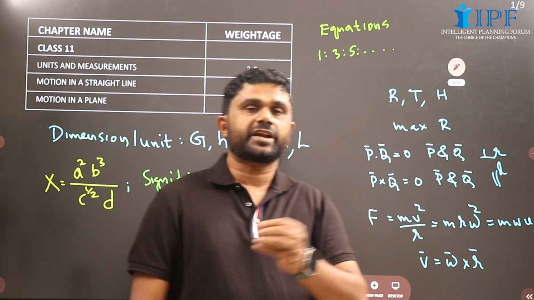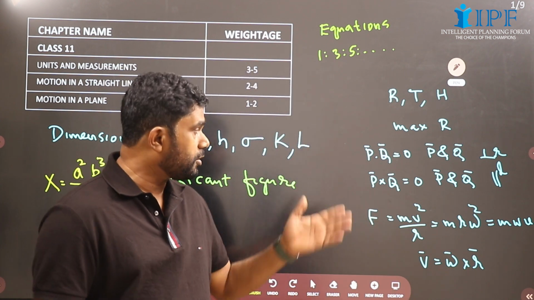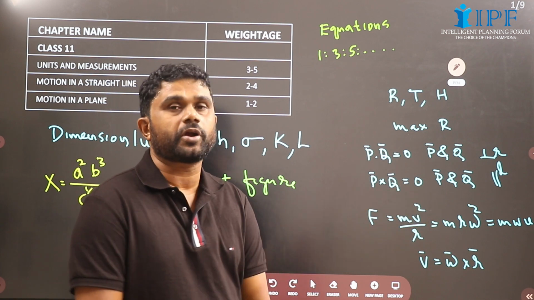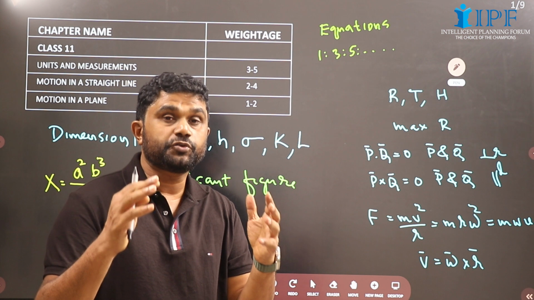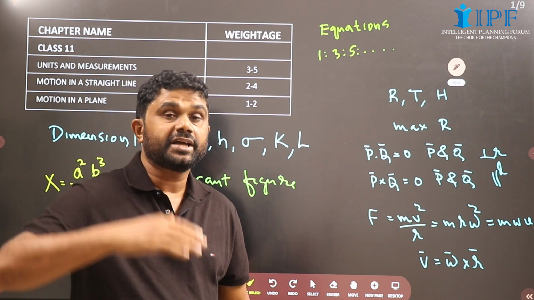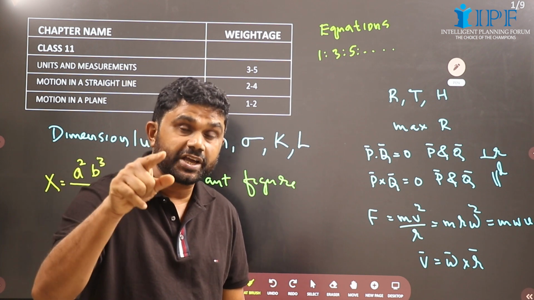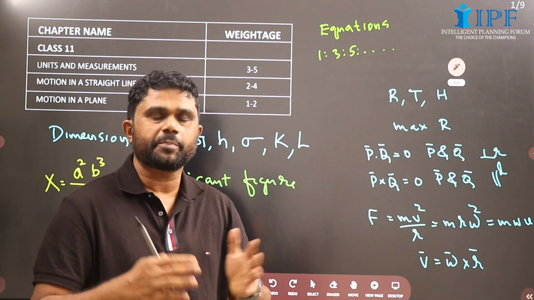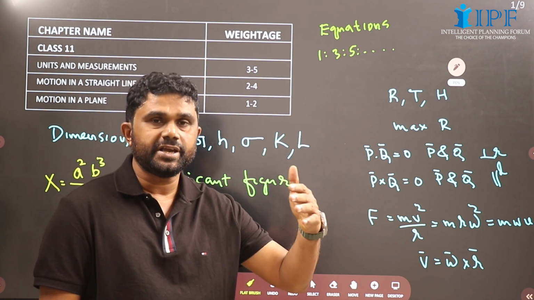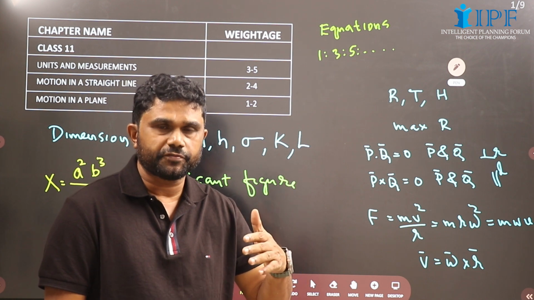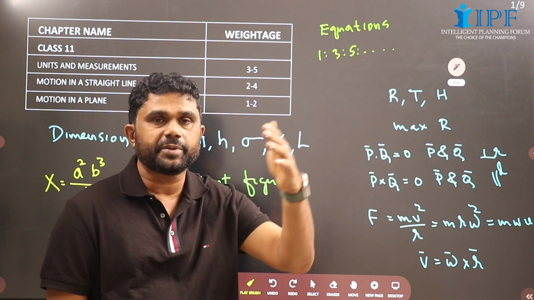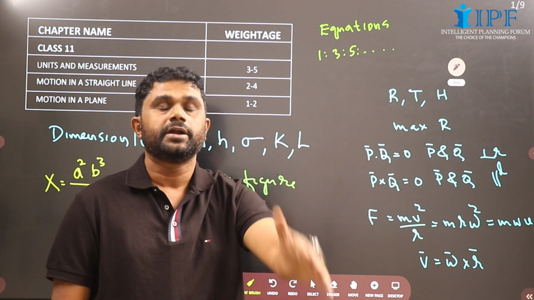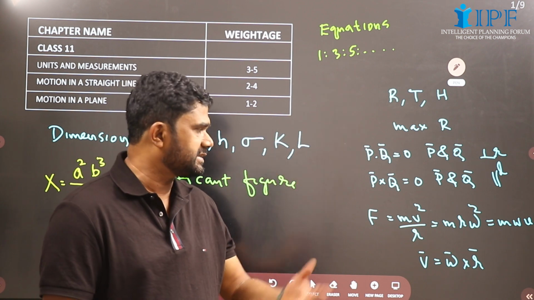If two vectors are perpendicular, then their dot product will be 0. If two vectors are parallel, then their cross product will be 0. And if two vectors are parallel, then the ratio of the corresponding components will be the same. If two vectors P and Q are parallel, then the x component of P divided by the x component of Q will be equal to the y component of P divided by the y component of Q, which will be equal to the z component of P divided by the z component of Q.